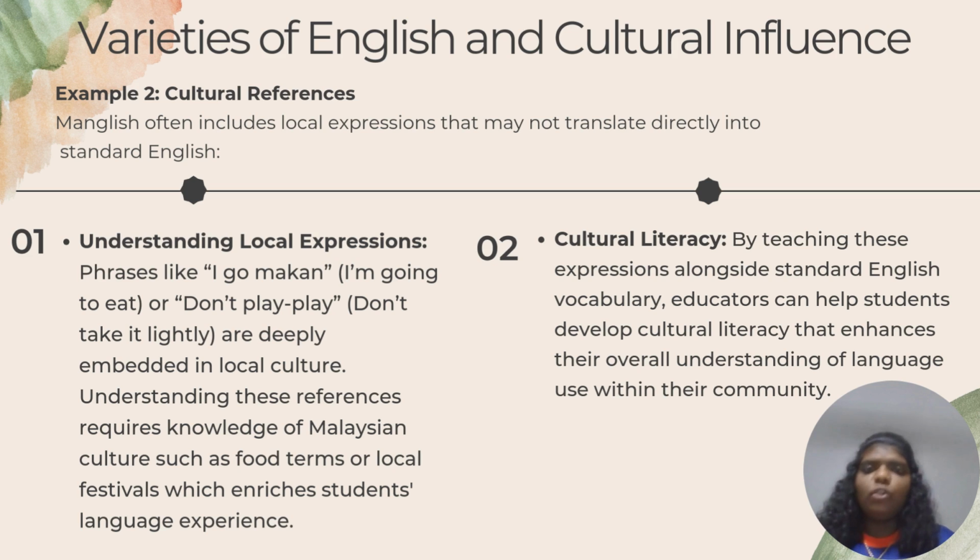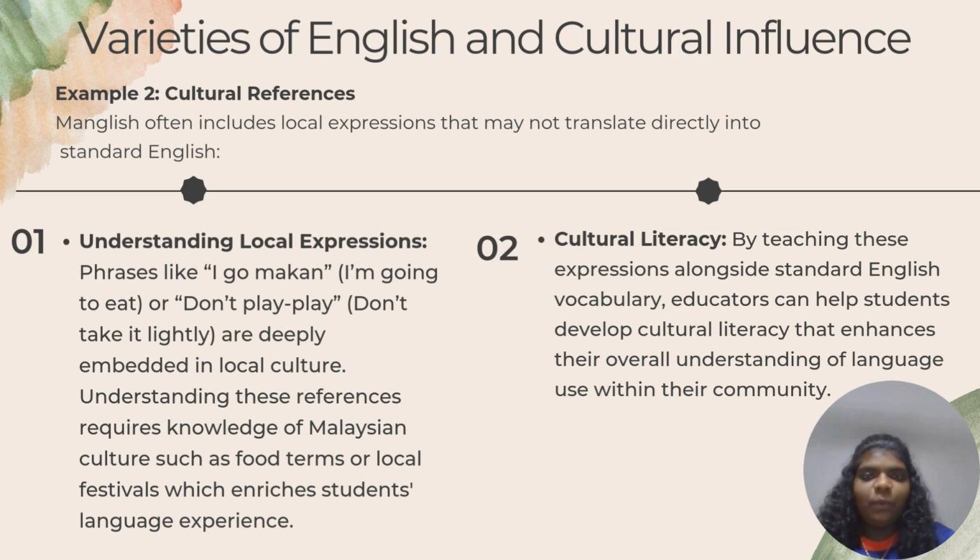Phrases like "I go makan," which means I'm going to eat, or "don't play," meaning don't take it lightly, are deeply embedded in local culture. Understanding these references requires knowledge of Malaysian culture, such as food terms or local festivals, which enrich students' language experience.